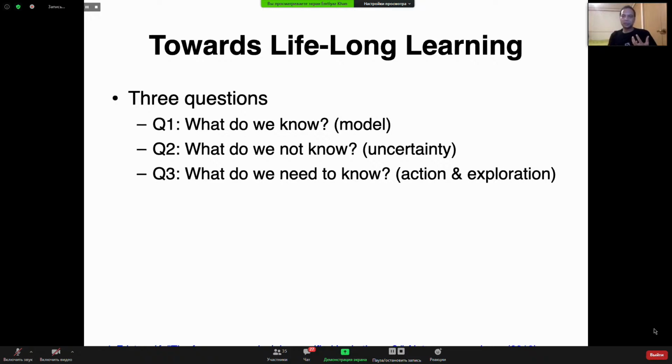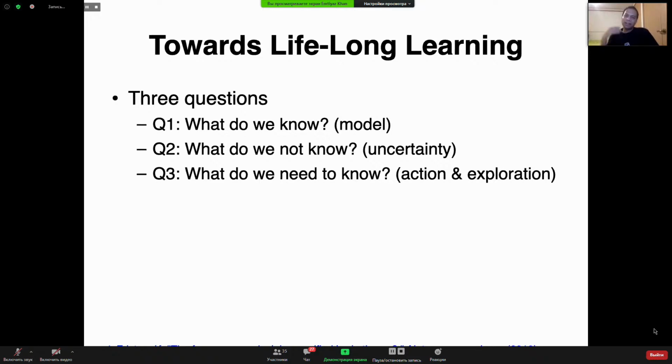It's the thing that you should know in the near future. And this is related to exploration, to take action, to collect data, to improve your knowledge from your current state of knowledge, and you want to expand it. And I think this is how you should think about uncertainty.